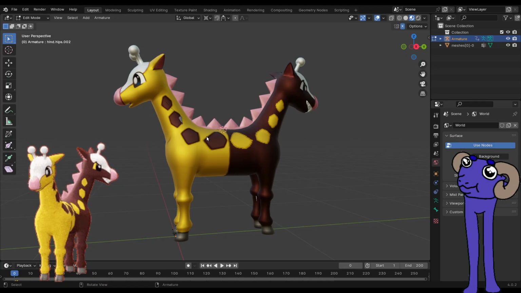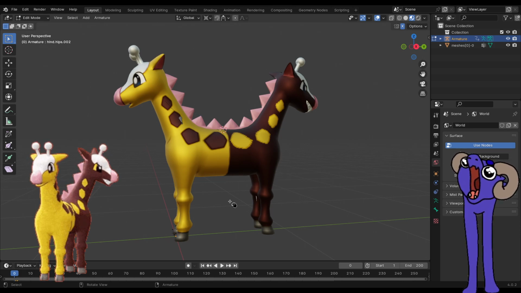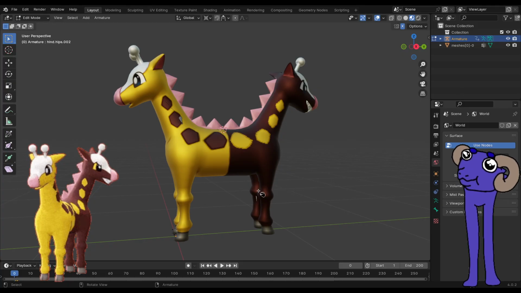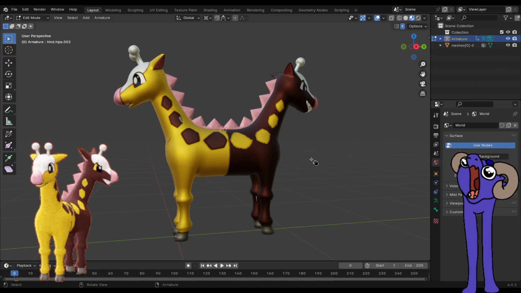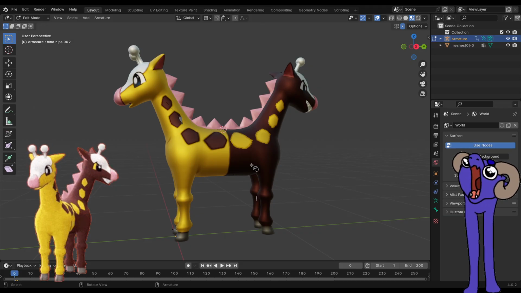If we go back to Creator a second and reopen the body file. Yeah, because they seem to have theirs using something closer to the color of the spikes in the nose and the inside of the mouth and stuff like that.